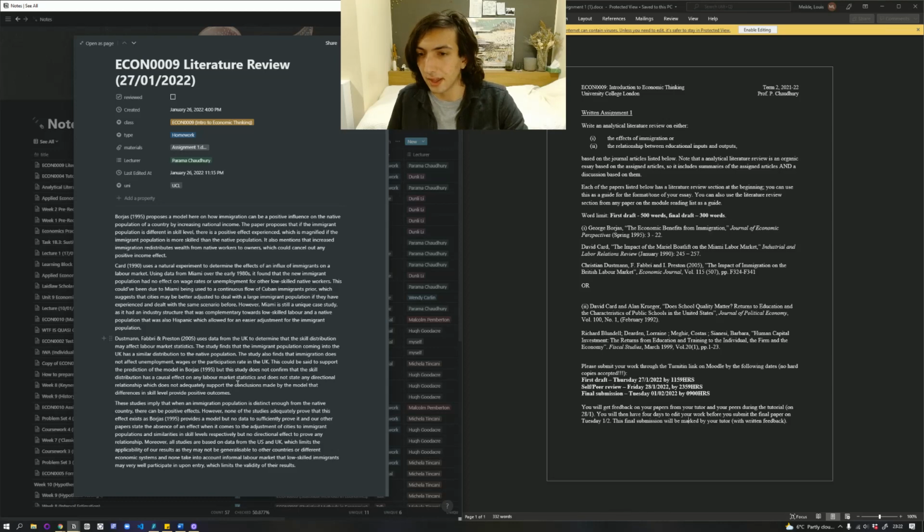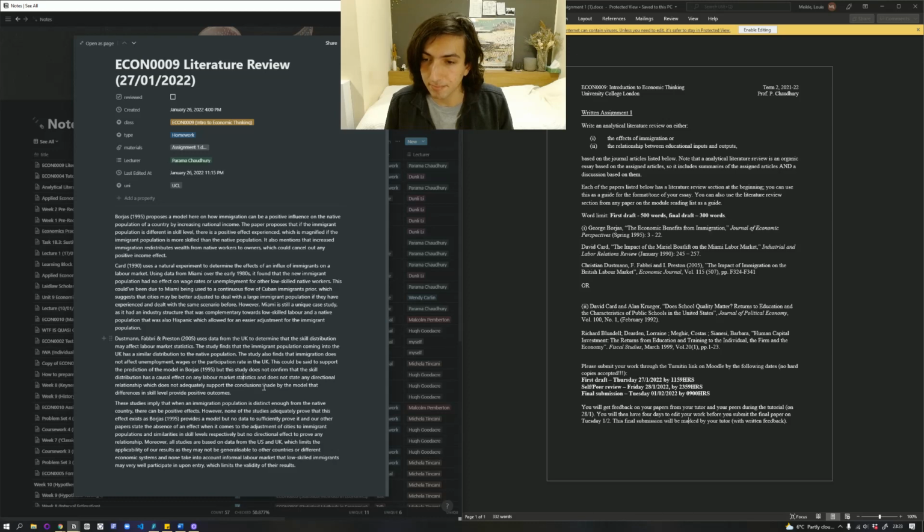And this one states that the skill distribution of immigrants is similar to natives in the UK. This supports the idea that when it's the same, there's no effect in the first model, but it doesn't prove that if it's less or more than, there's going to be a positive effect. So there isn't sufficient evidence to prove the model from Borjas 1995 is valid, at least to my knowledge.